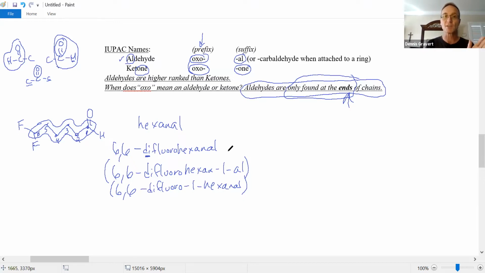So you can safely drop the 1 for your aldehydes if you're using al as a suffix. And if that's just one more thing to worry about, then ignore it. Put your 1s in there. It's not incorrect. It's just redundant. Just a little extra. It's not wrong, so I don't take off points. So all 3 of these names will give you full credit on my exams.